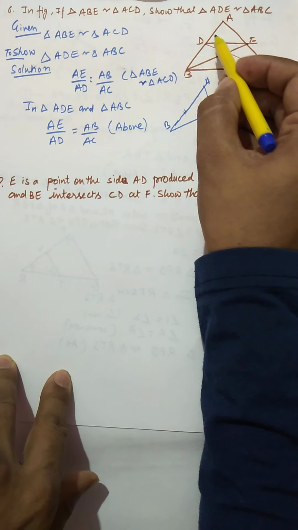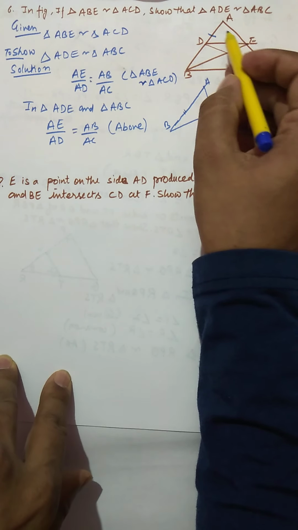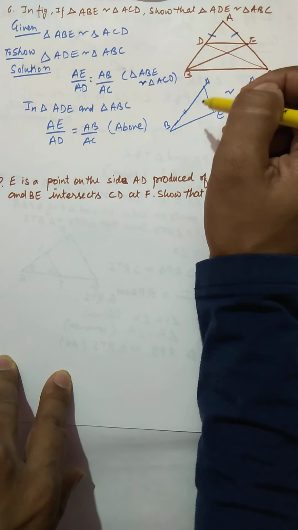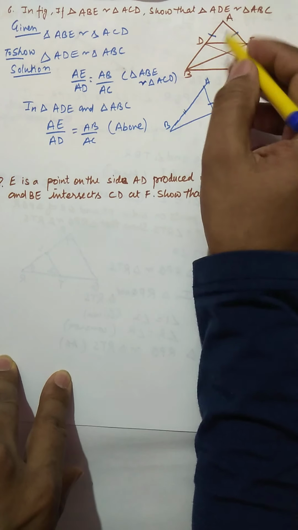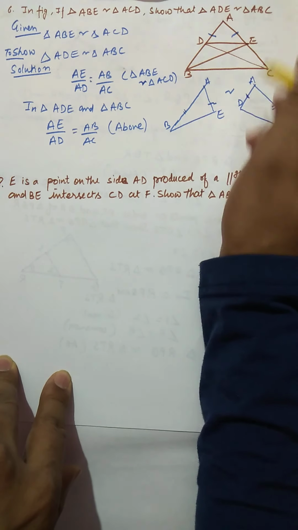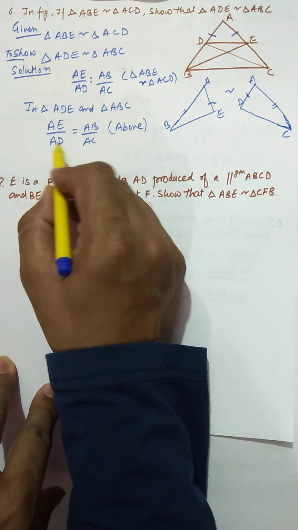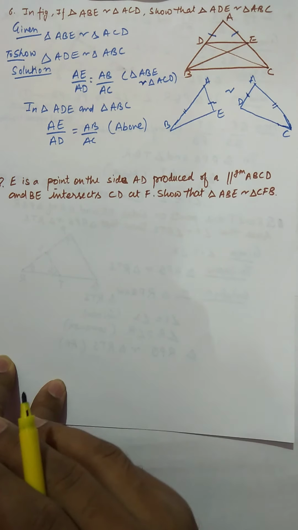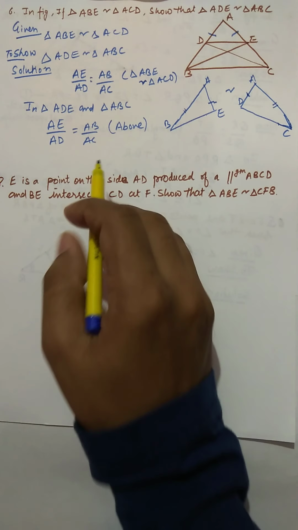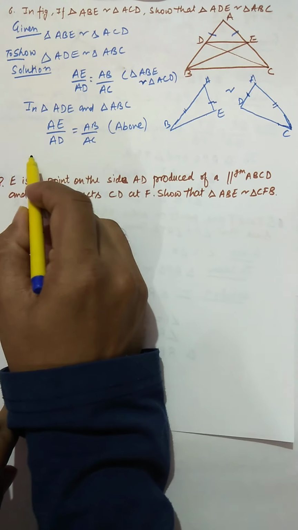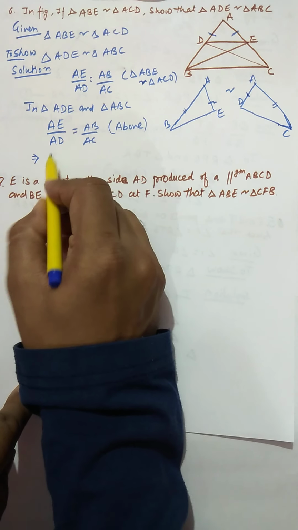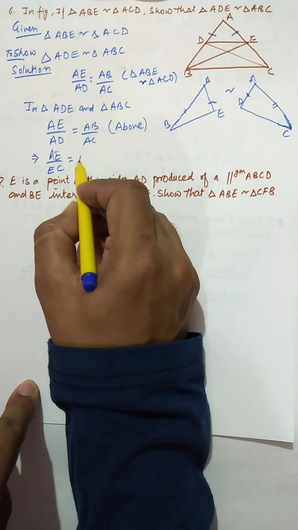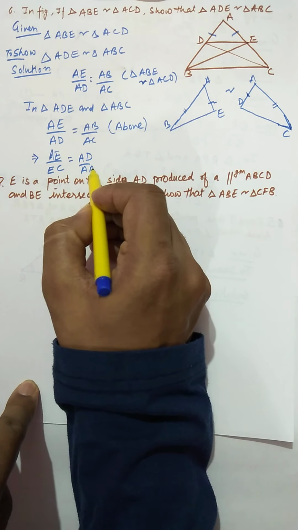So you can see AE upon AD equal to AB upon AC. Or you can do some interchange, that AE upon EC is equal to AD upon AB.